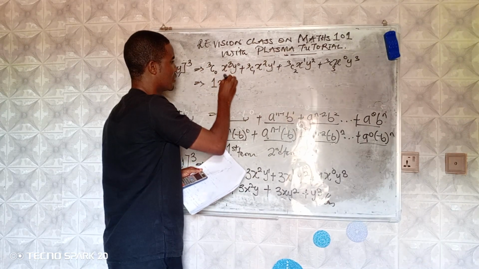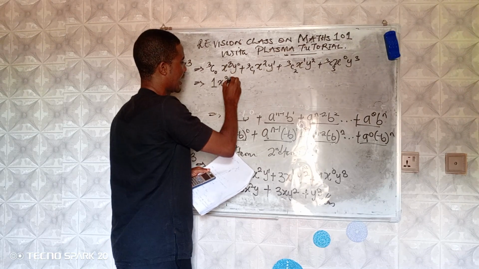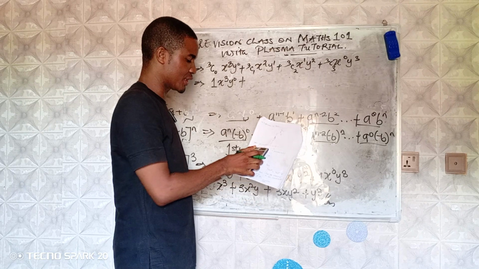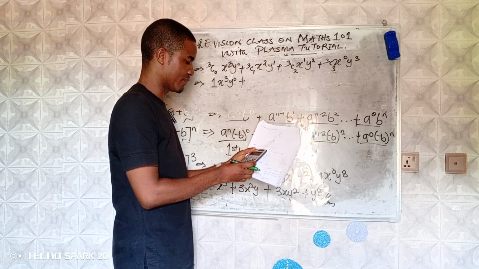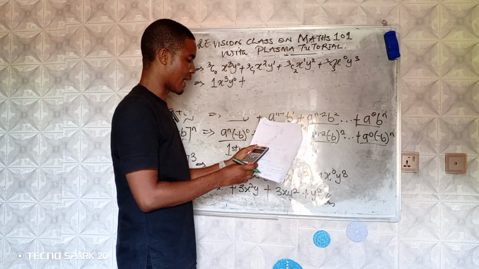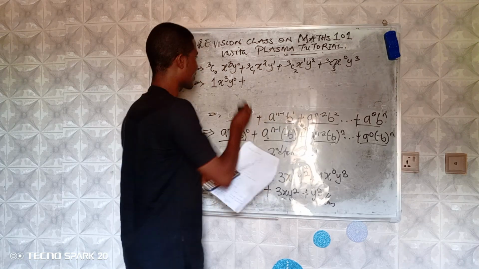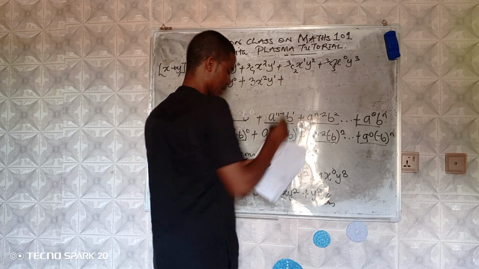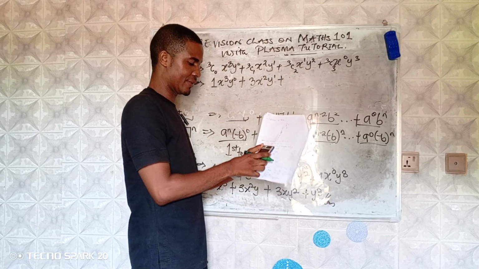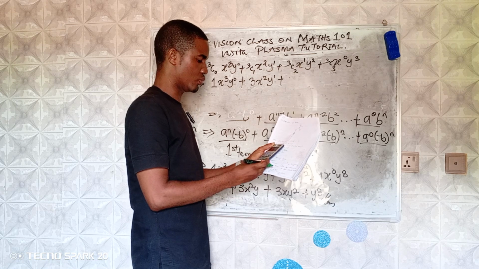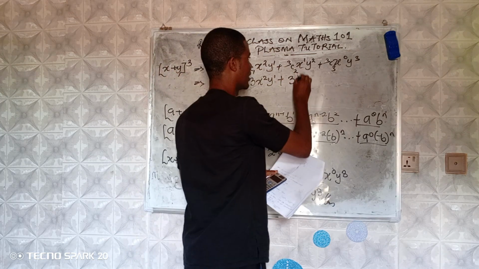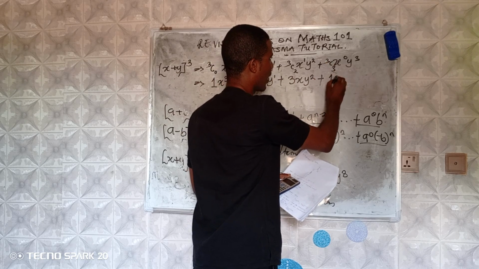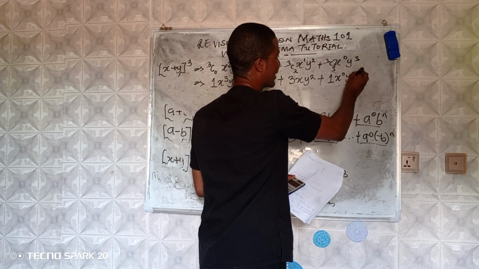Then we have x cubed y^0 plus 3 combination 1. So I have 3 shift divide 1, sorry. So I have 3C1, which will give me 3x squared y^1, plus 3 combination 2. 3C2 will give me 3 also, xy squared, plus 3 combination 3 is 1, x^0 y^3.